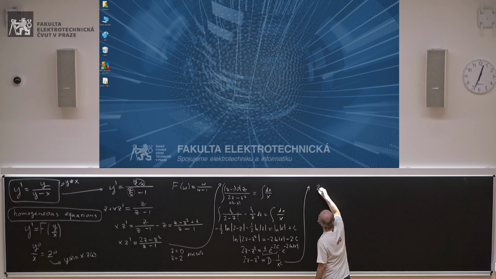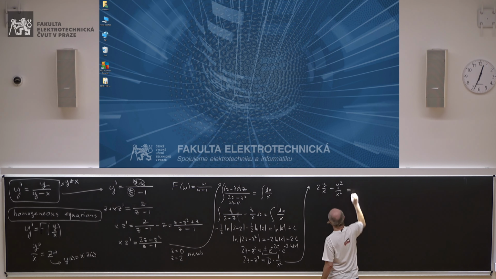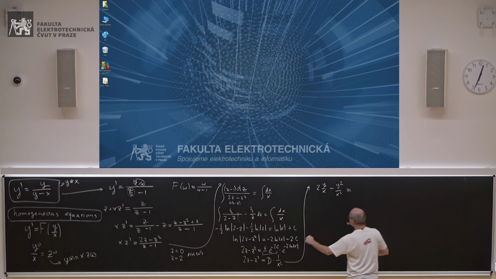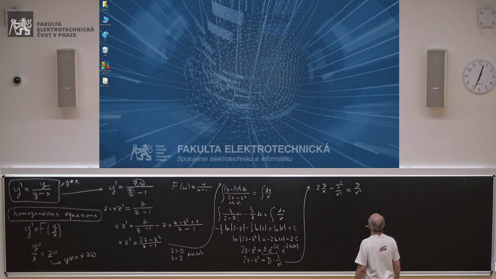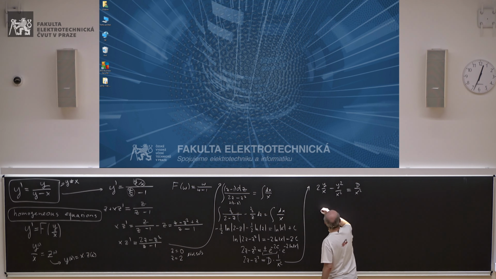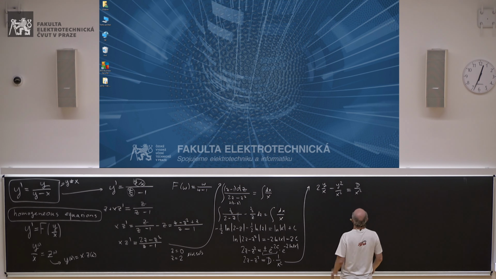2z is 2y over x minus y squared over x squared is equal to d over x squared. Do I like it? Reasonably, yes. Okay, I multiply by x squared, and perhaps I change the sign so that it's nice and I move everything to the left.